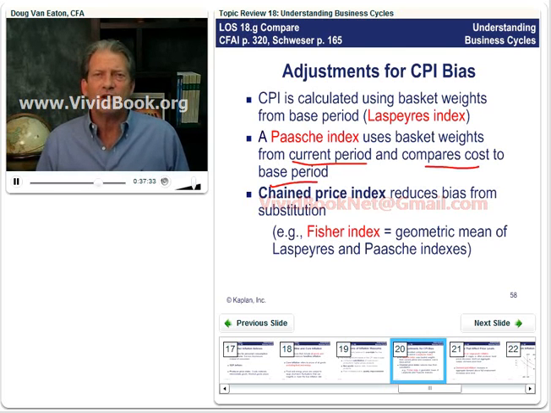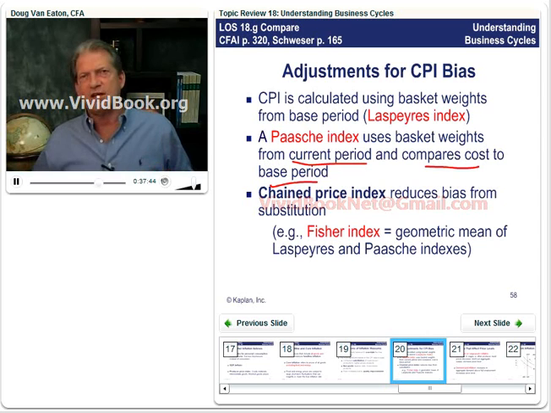And there's something called a chained price index, which is just the geometric mean of these two. And that's less biased. That's all I want you to take away from this slide. Laspeyres index, fixed basket. Paasche index, composition of the basket changes over time. Chained price index, average of the two. Geometric average, but an average nonetheless.